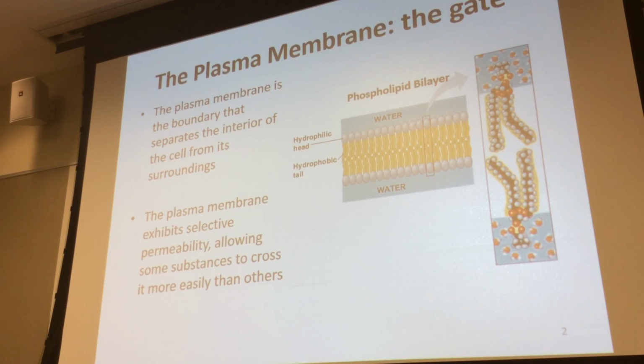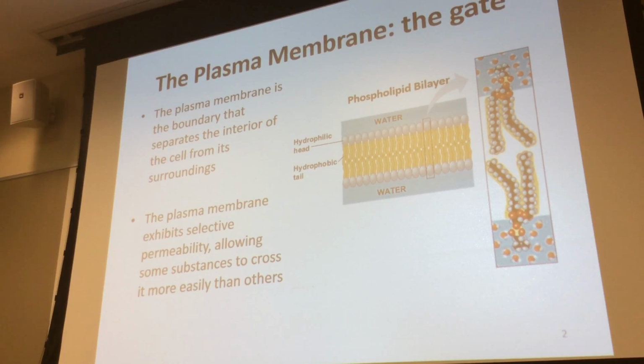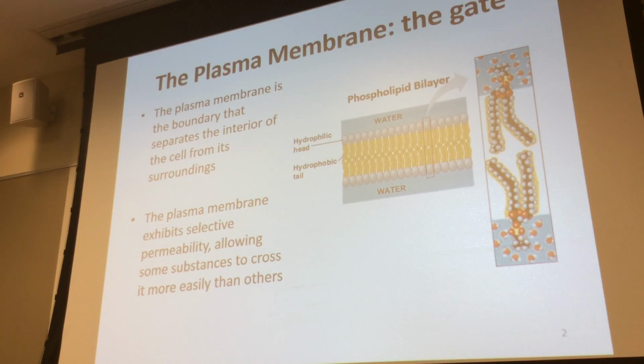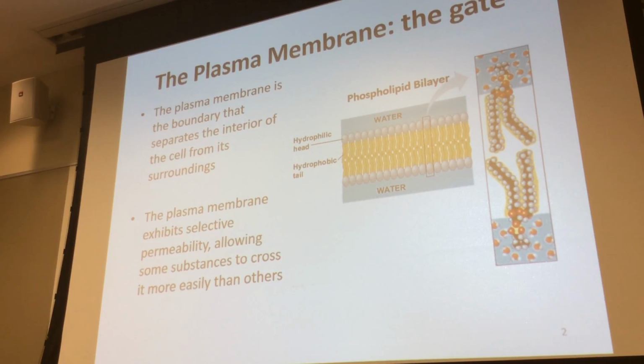This phospholipid bilayer forms the plasma membrane, and many substances can cross it, like ions, water, small proteins, and molecules. However, the plasma membrane has selectivity for these molecules or ions. It allows some substances to cross more easily than others.